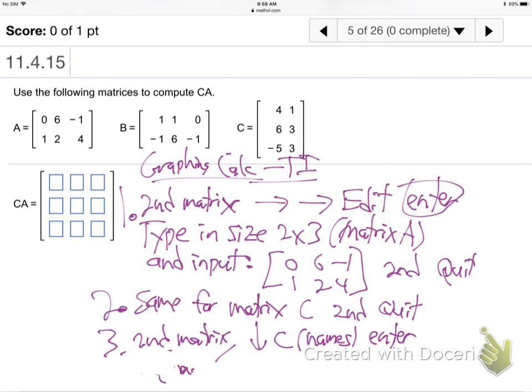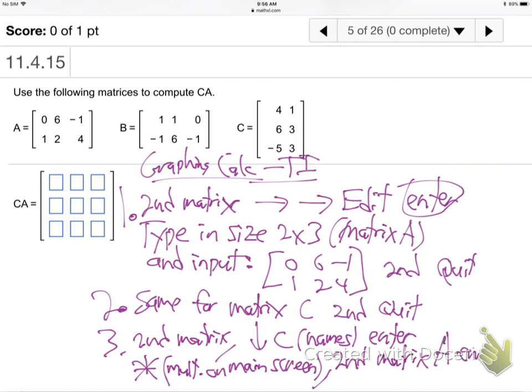Well, hit the multiply on main screen and then second matrix A, enter. So there we go. So there's the steps. Second matrix down to C, enter, multiply on the main screen, second matrix A, enter. And we multiply the matrices.